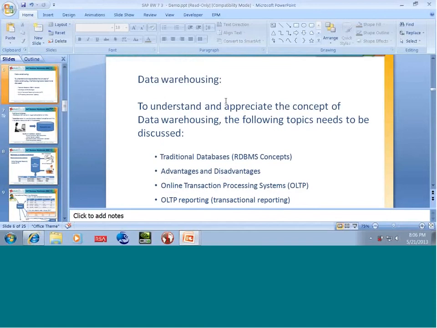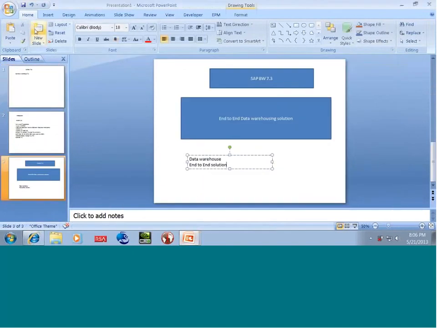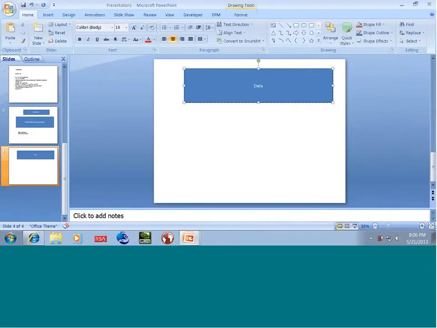A data warehouse is an OLAP system. What it means is, let me quickly switch back. A data warehouse is an OLAP system.